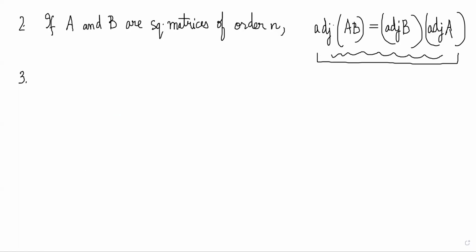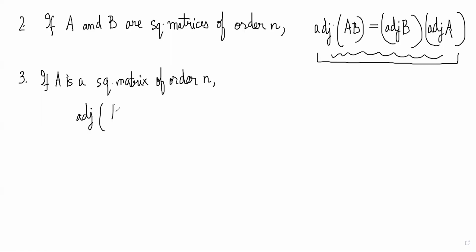The third property is, if A is a square matrix of order n, then adjoint of A transpose is equal to adjoint of A whole transpose.